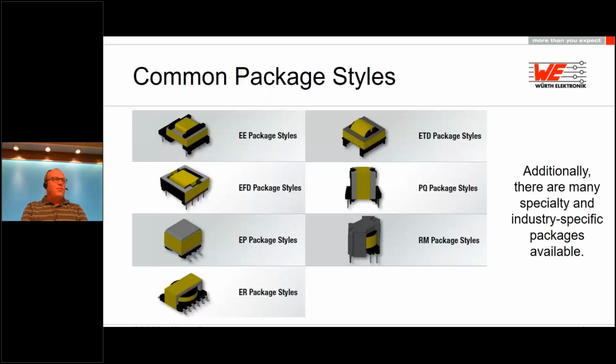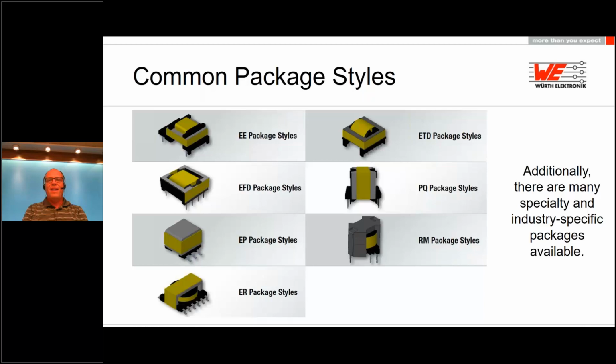All right, so these are 7 common package styles. Definitely not a comprehensive list, but these are very common in the industry. I'm sure most of the listeners will probably have seen one or all of these. They're used for catalog parts as well as custom parts.